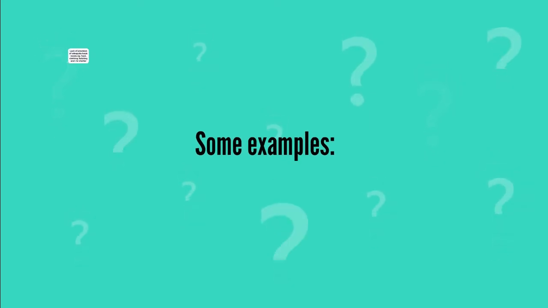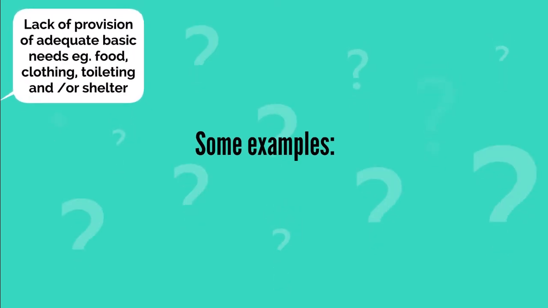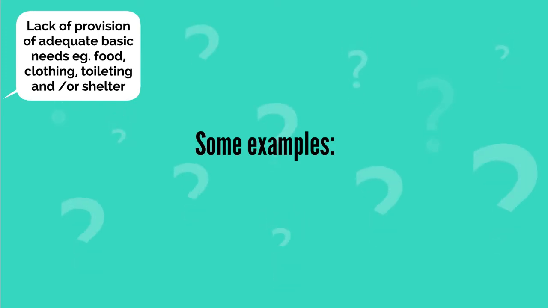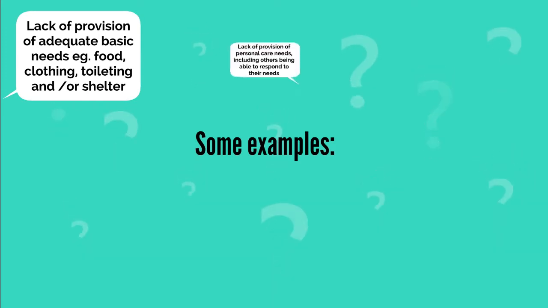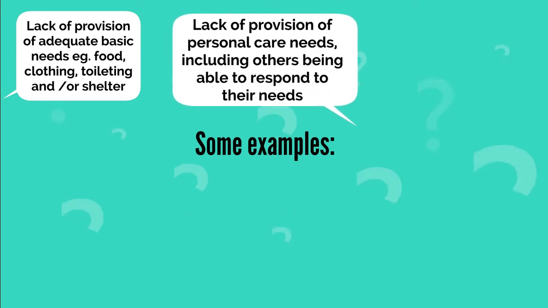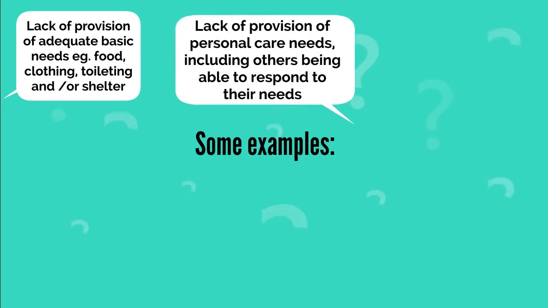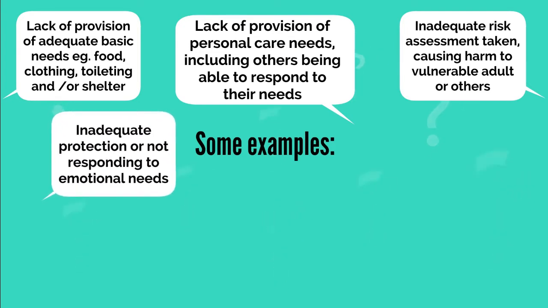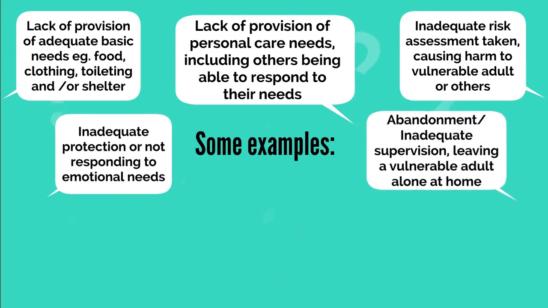Examples of this form of abuse are lack of provision of adequate basic needs, e.g. food, clothing, toileting and/or shelter. Lack of provision of personal care needs, including others being able to respond to their needs. Inadequate risk assessment taken, causing harm to vulnerable adult or others. Inadequate protection or not responding to emotional needs.